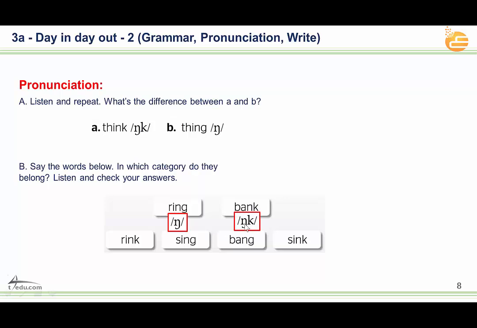Nk. Bank. Rink. Which one, A or B? Exactly. Nk. A. Rink. Sing. Ng. Just like B. Sing.